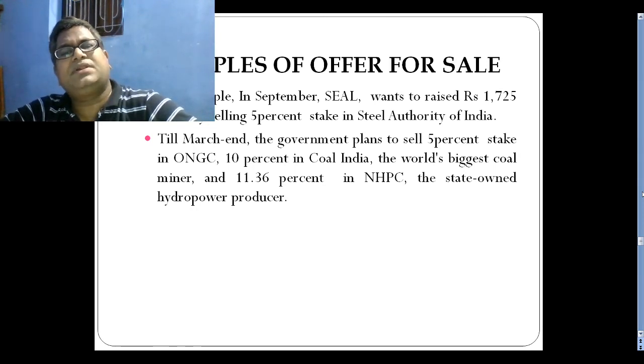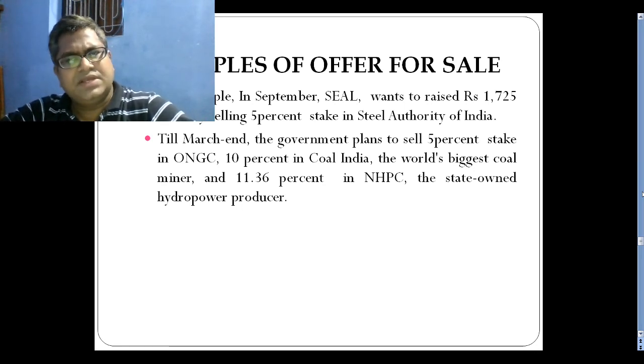If the government wants to raise funds by selling some crores of shares of the Steel Authority of India, ONGC or Coal India, it may sell a 5% stake, 2% stake or 3% stake. That pattern of selling a stake of ownership to the public is called an offer for sale, through which funds can also be generated.